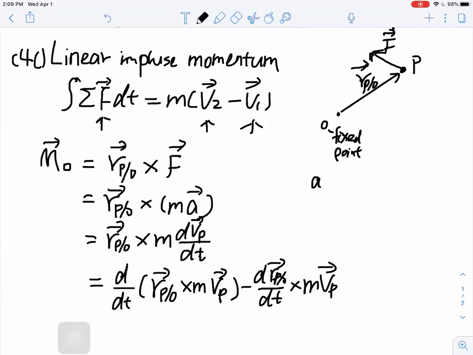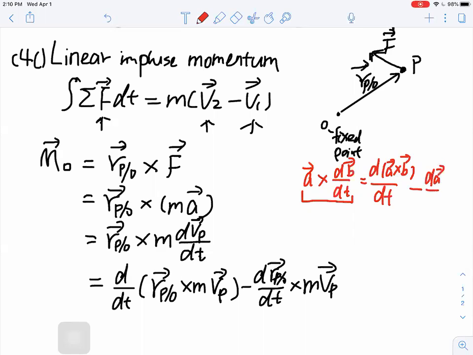If you have a vector A cross the first order derivative with respect to time of vector B, this whole thing can be rewritten as d/dt of (A cross B) minus (dA/dt cross B).